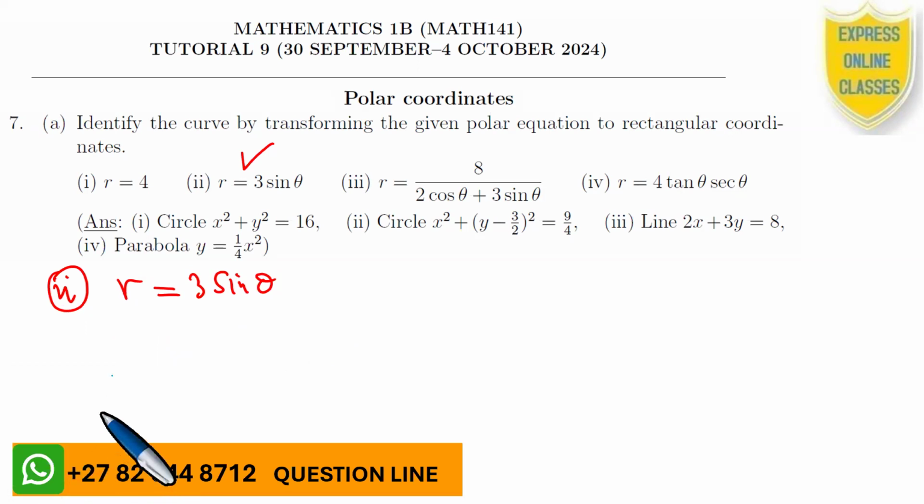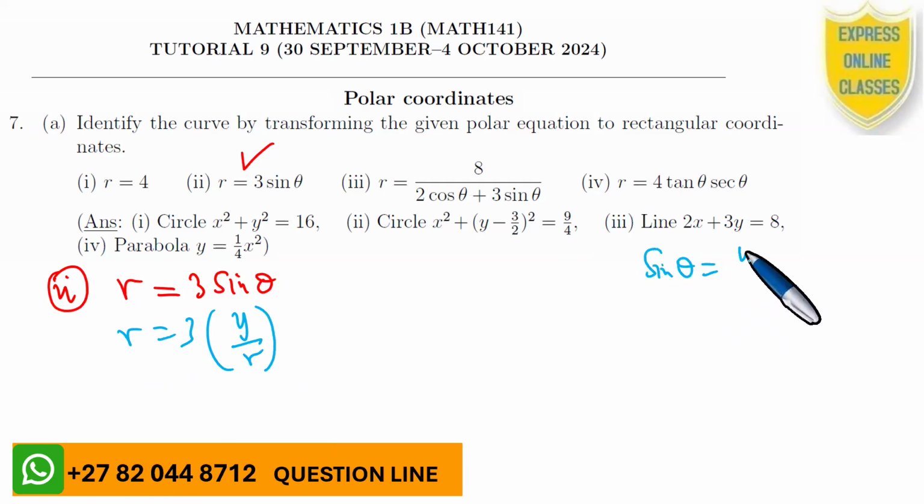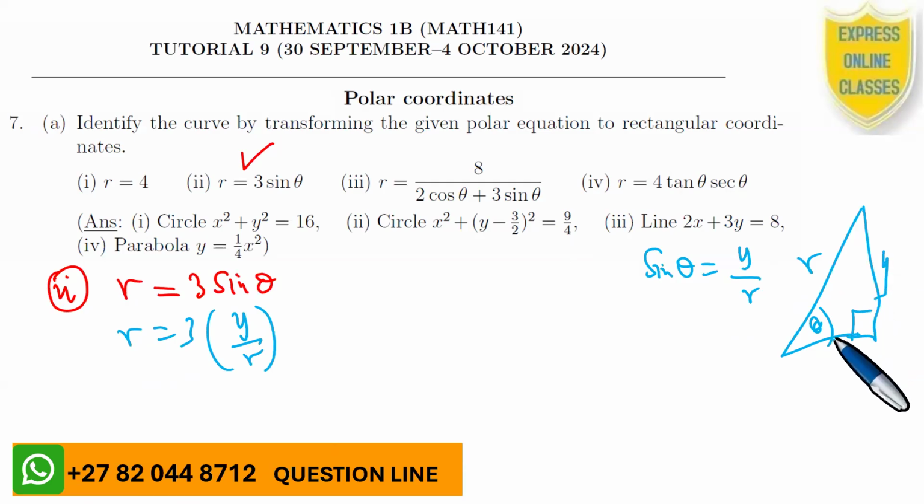And so the sine theta, as we said already, is opposite over hypotenuse in this triangle. So you put sine theta is y over r, and then we cross multiply, we get r squared is 3y.